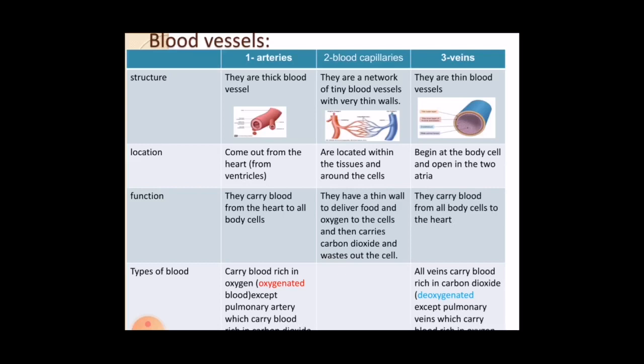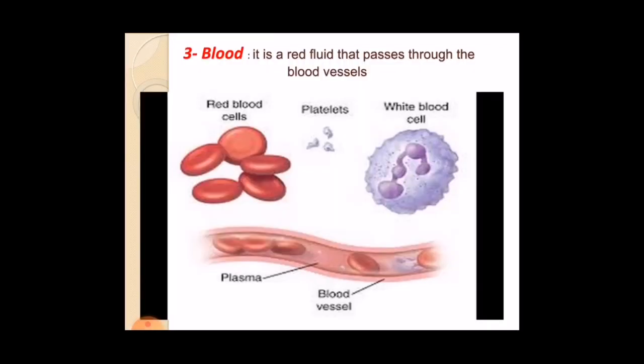We said that the circulatory system consists of heart, blood vessels, and blood. Number 3, blood. Blood is a red fluid that passes through the blood vessels.